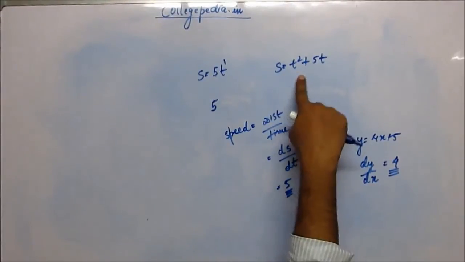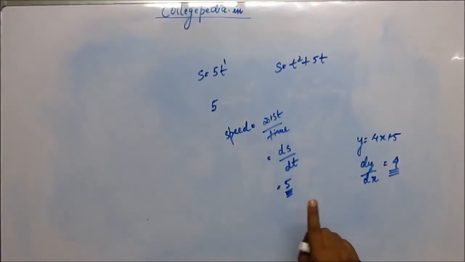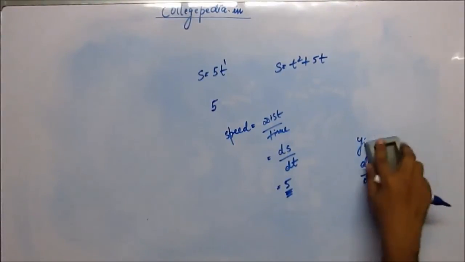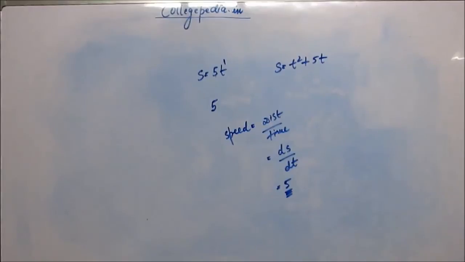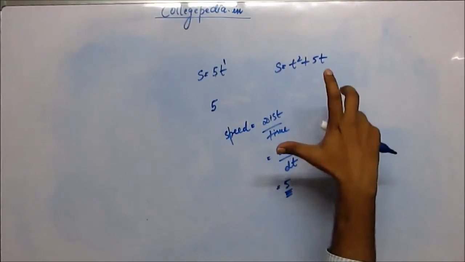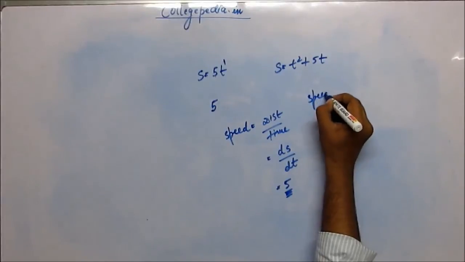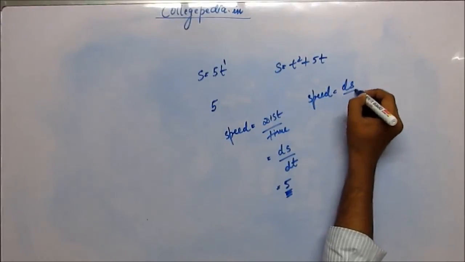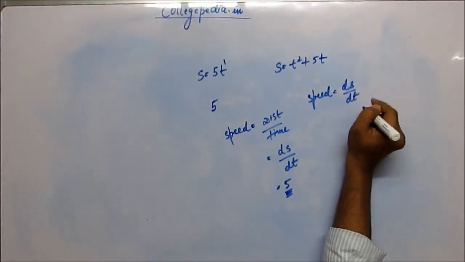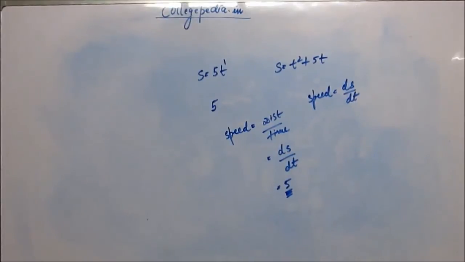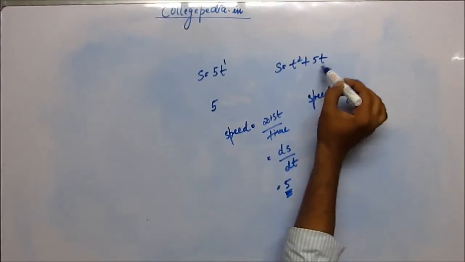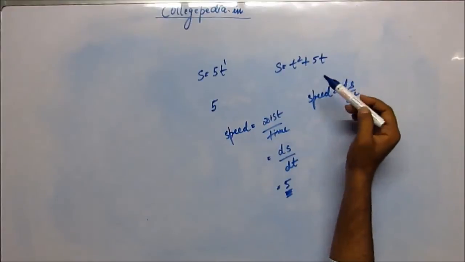We also did some calculation for this, and we will revisit this. I told you, and we have revisited it. See, now if you're going to calculate speed for this case, speed you understand now is ds upon dt. Now for calculating ds upon dt, you just have to differentiate this expression.